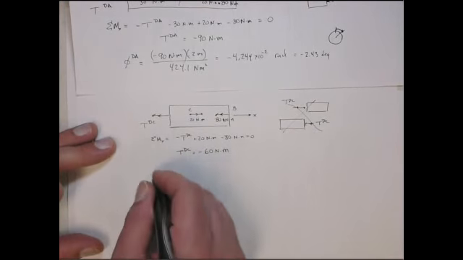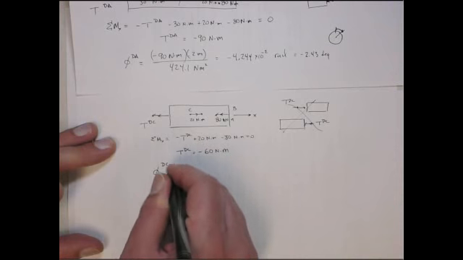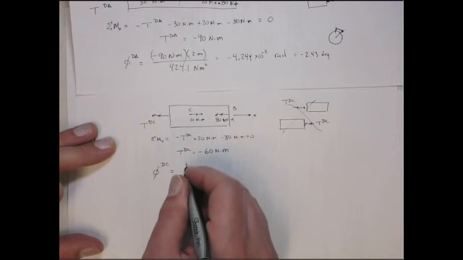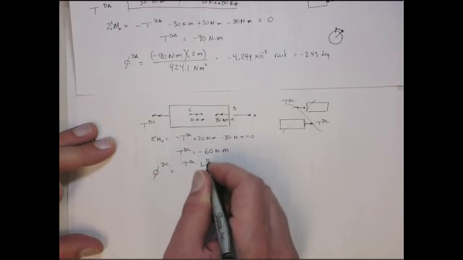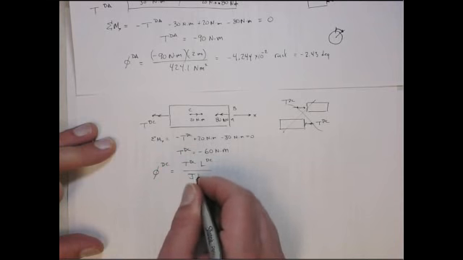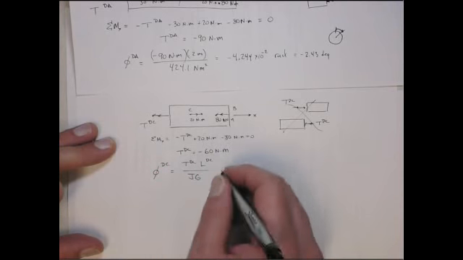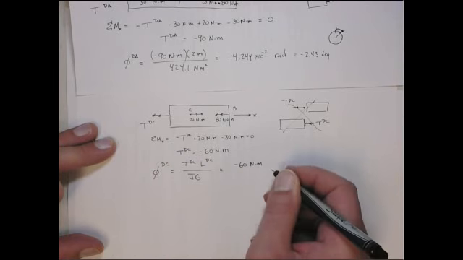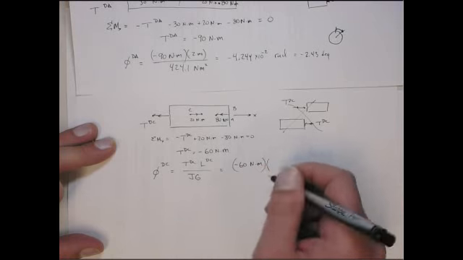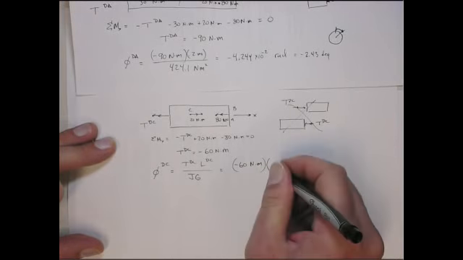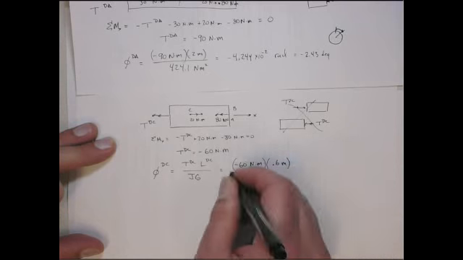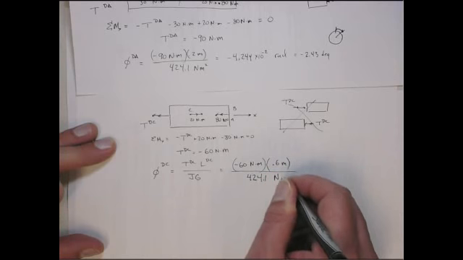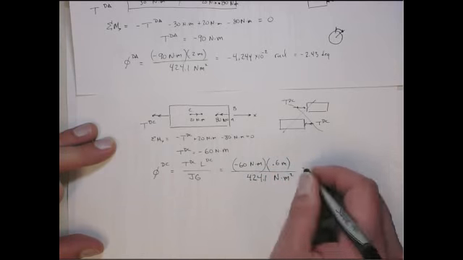So again, now we can get the phi of section C relative to D. That's the torque at DC times the length of section DC over the JG for section DC, but that's the same as all the other ones. So that's minus 60 Newton meters times the length, which is 600 millimeters or 0.6 meters. And then JG is 424.1 Newton meters squared.